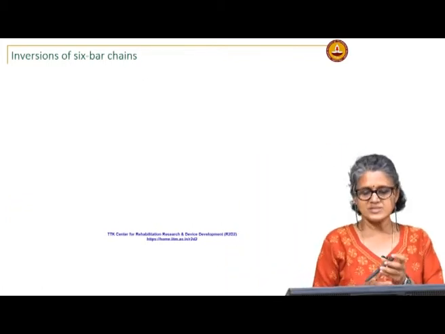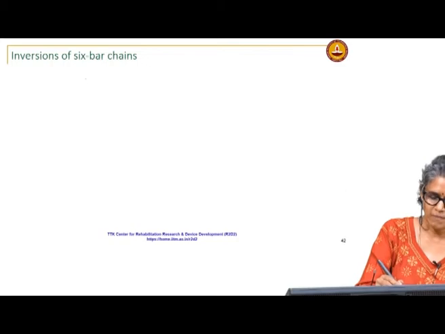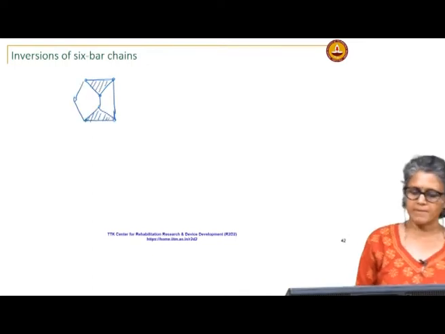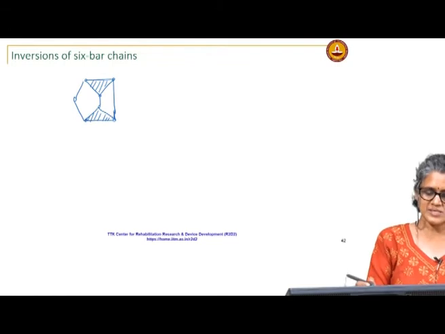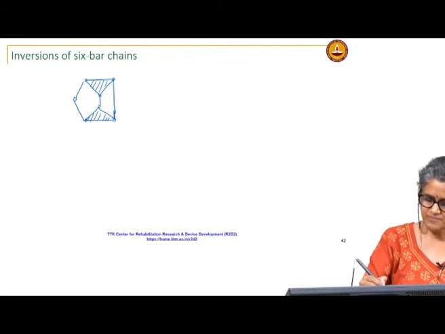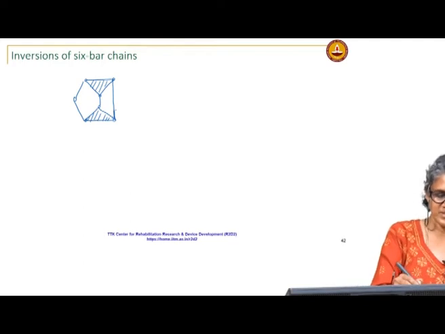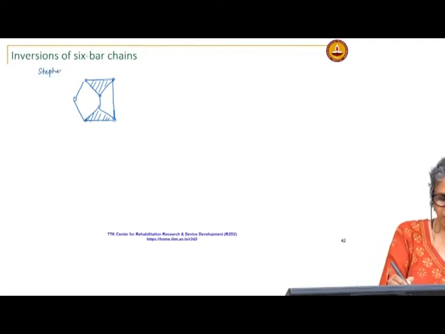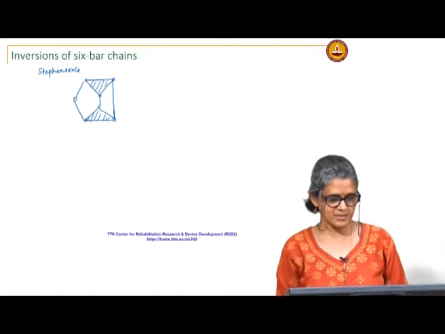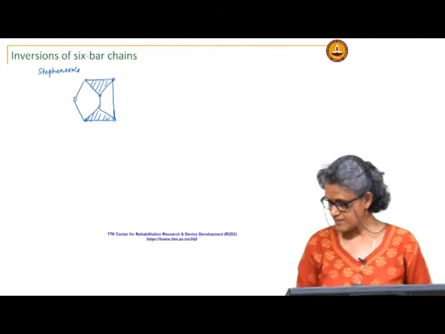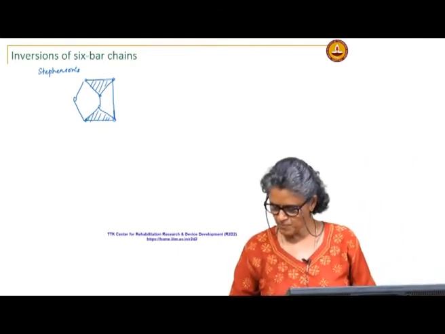Now, let us look at the Stephenson's chain. I could fix one of the ternary links. Let us see if we get something different. Okay. So, inversions of the Stephenson's chain. You actually have 3 different kinds of inversions you could get. So, let us say type 1.